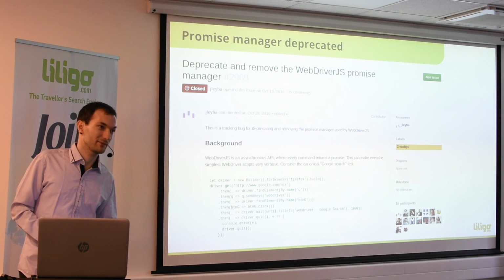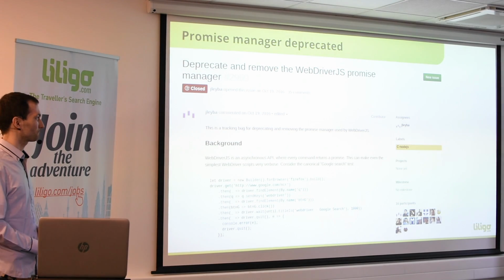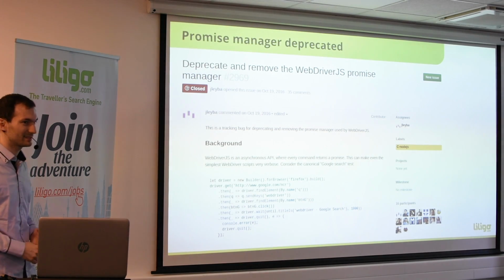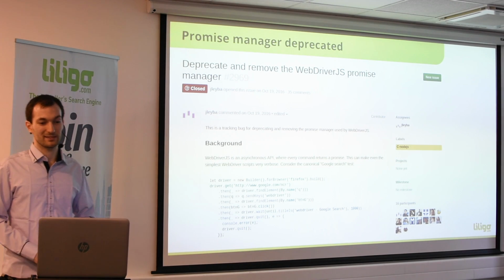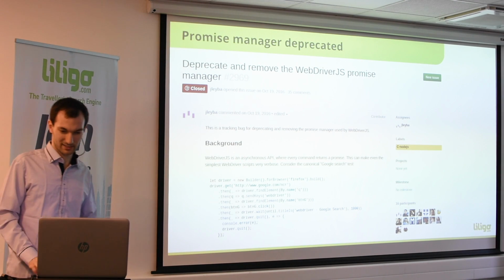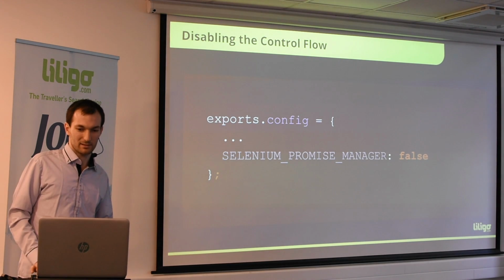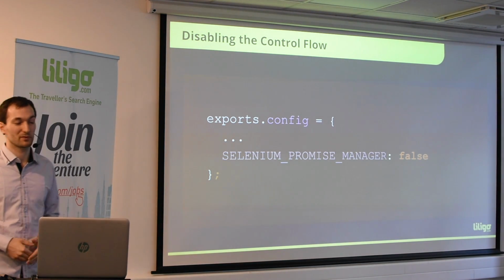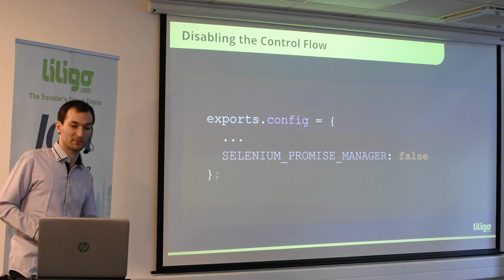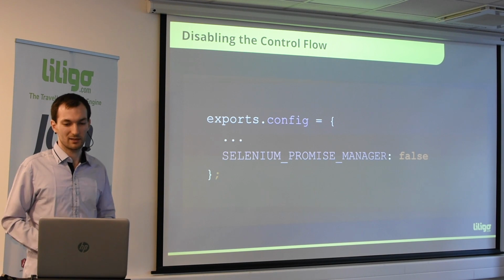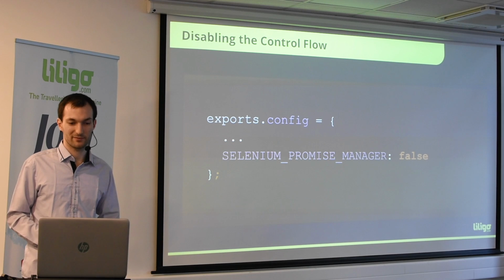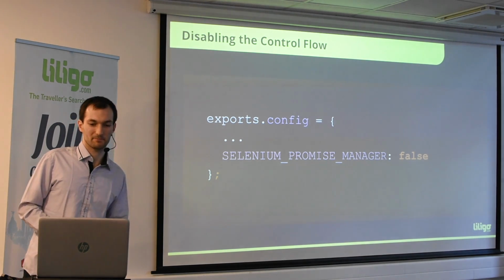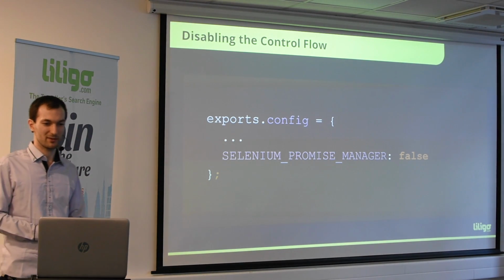And finally, with the release of Node.js 8 and its support for async functions, they decided to deprecate this beast. So if you're starting a new Protractor project, you should consider using an alternative, and that's what I'm going to talk about now.